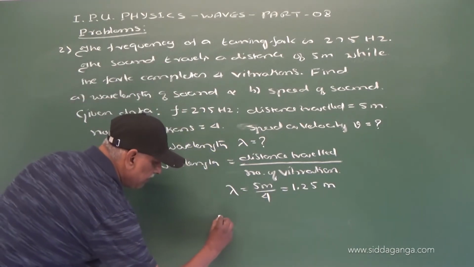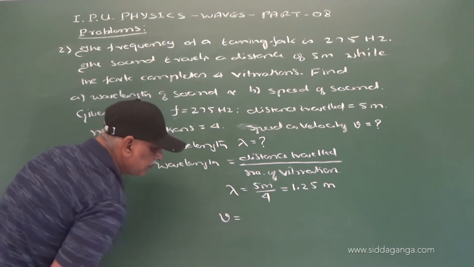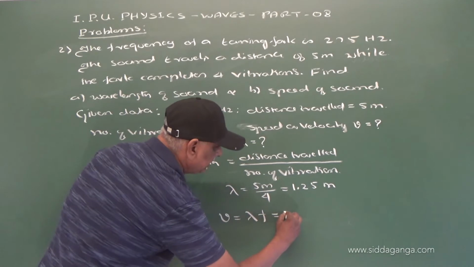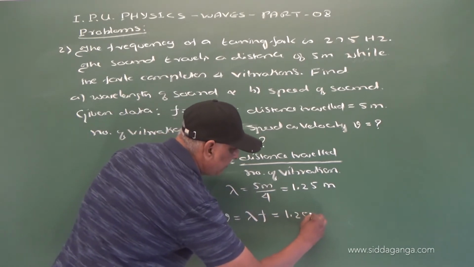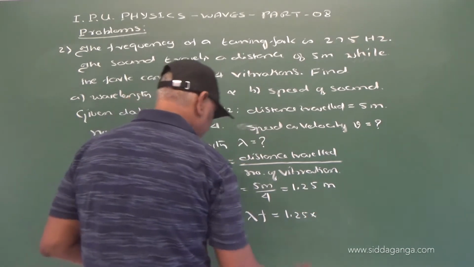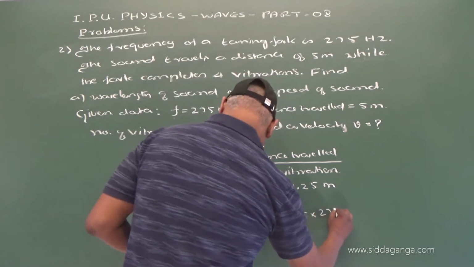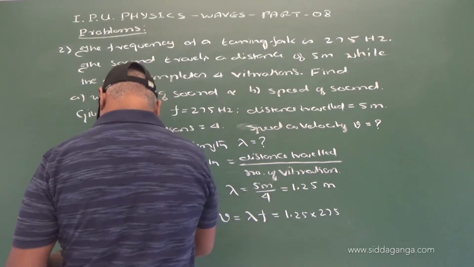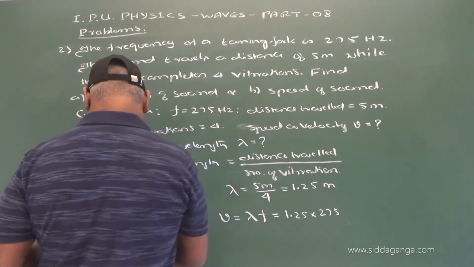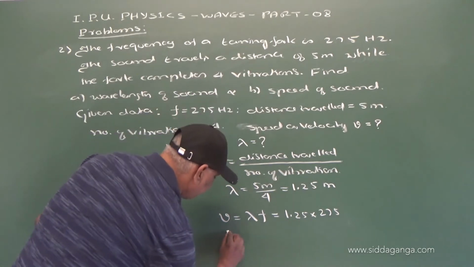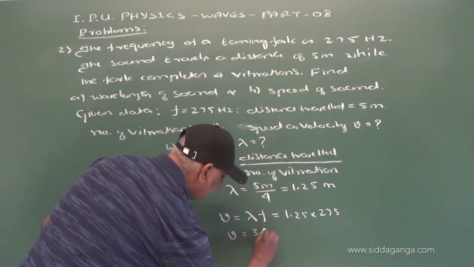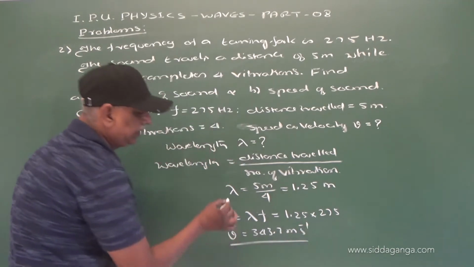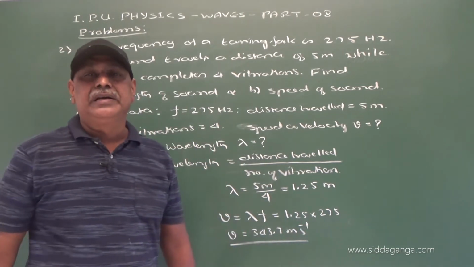Now velocity v is equal to lambda into f, that is 1.25 into 275, and it comes out to be 343.7 meter per second.